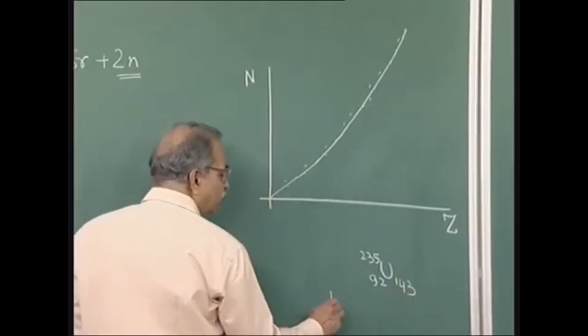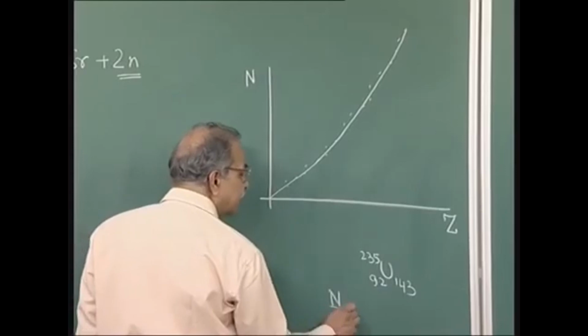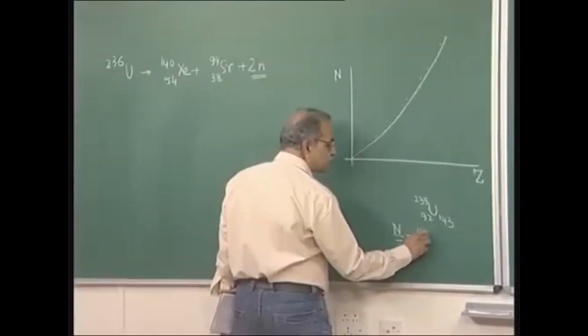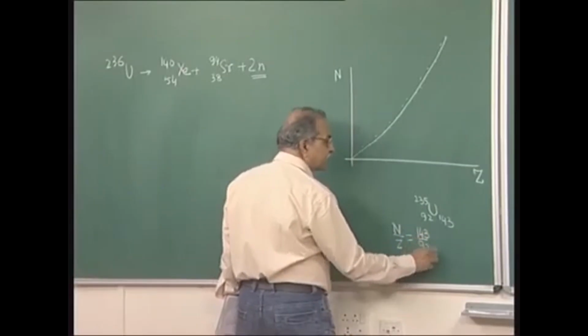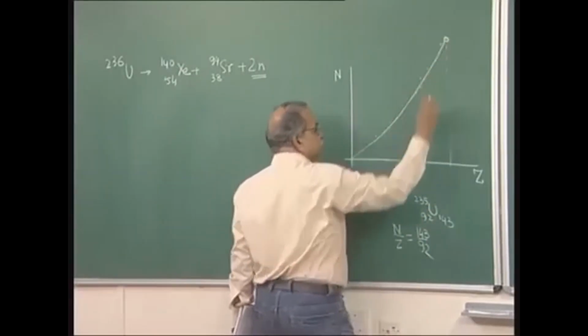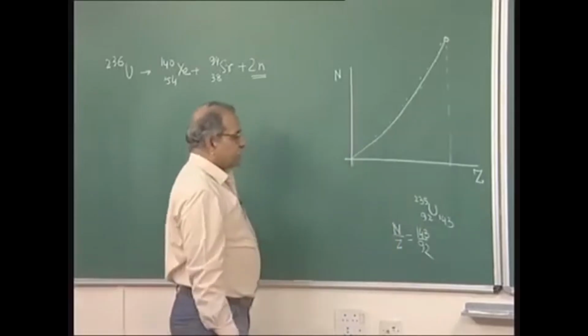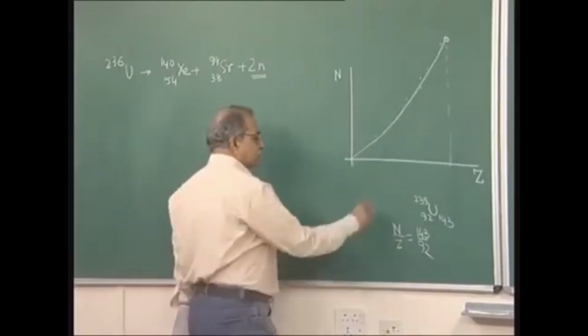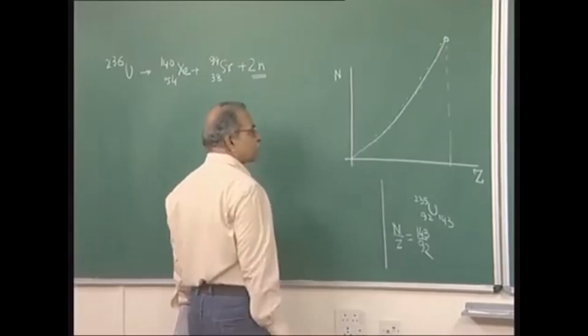So, if I look at that N by Z, this N by Z is 143 by 92, that is, let us say somewhere here, 92 protons and 143 neutrons.